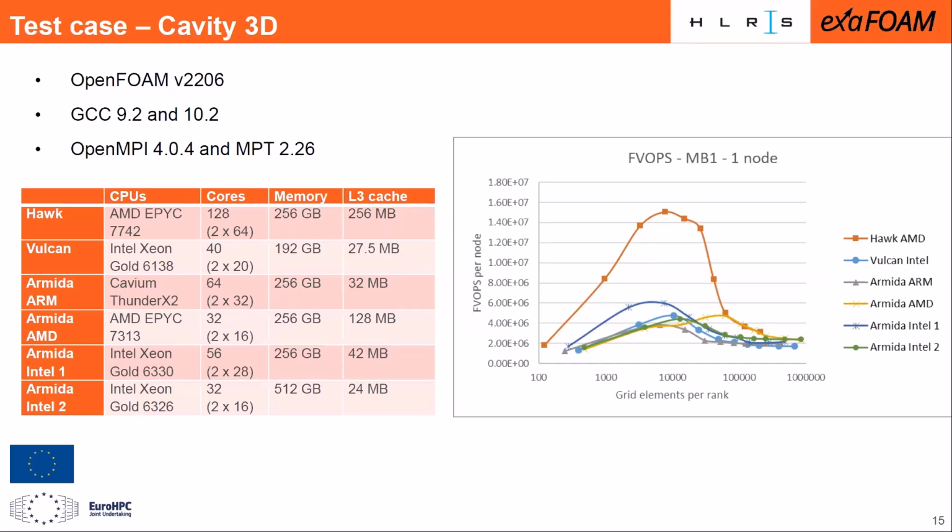So the question was looking at this graph. So L3 cache on the Hawk is 256 divided over 128. And on the AMD, the fourth one, it's 128 over 32, which is 4 per thing.